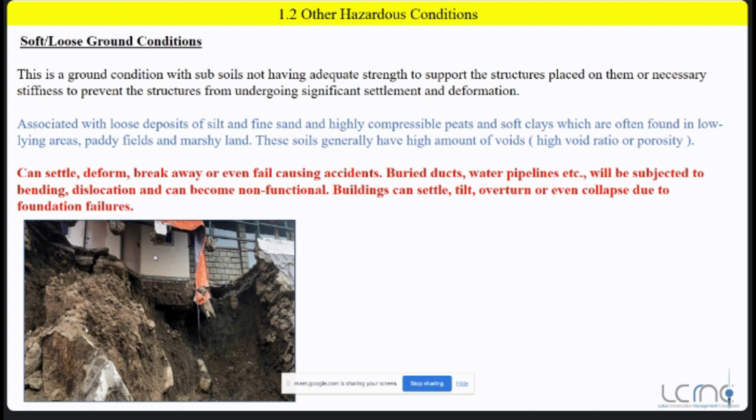There will be buried ducts, that means internal cavities inside. With time, due to the loading on top of the subsoil, it will collapse. That is the actual scenario of these collapses. There are also dislocations, and the structure cannot be functional due to these issues. That is the main thing if you have soft or loose ground conditions.